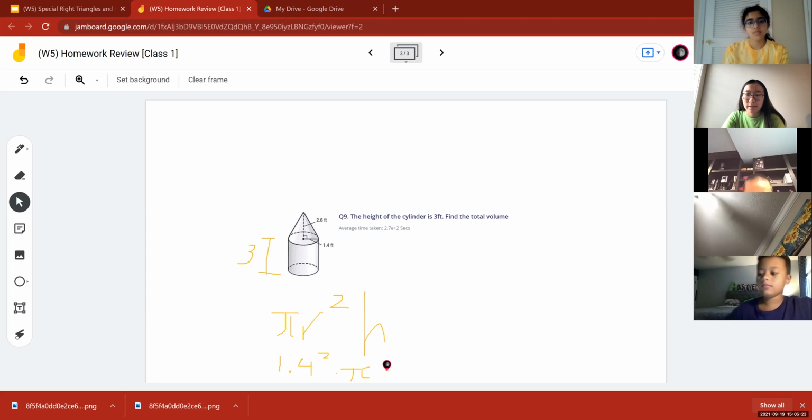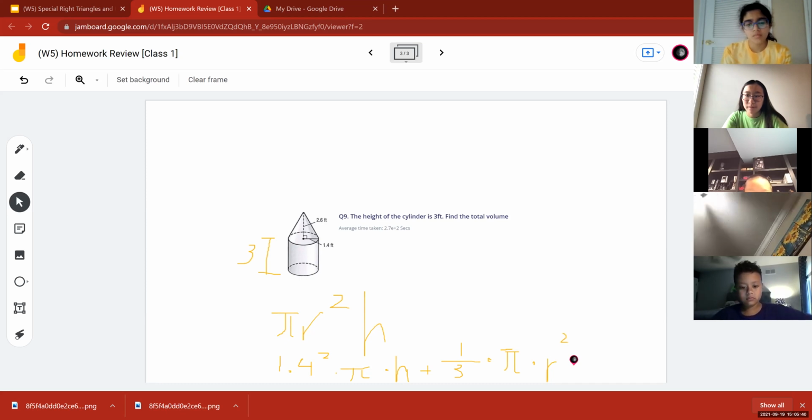And then you add that to the volume of the cone, which, like we just did in the previous problem, is 1/3 times pi times r squared times height. The problem gives you all of these values.